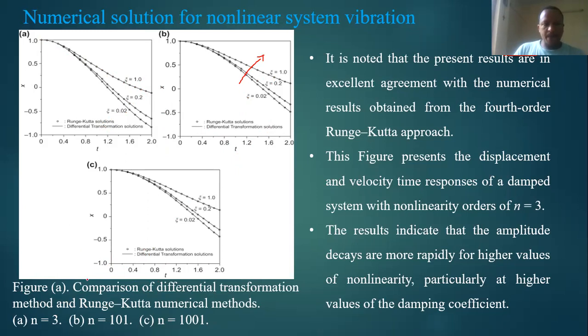Figure A, comparison of the differential transformation method and the Runge-Kutta numerical method. A is for n equal to 3 case, B is n equal to 101, and C is n equal to 1001.